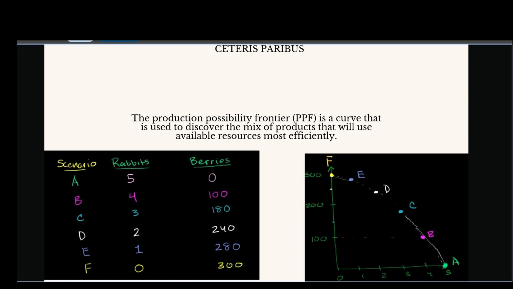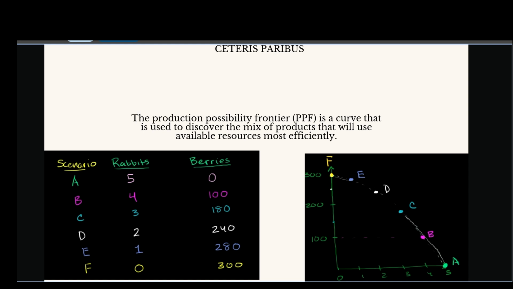The production possibility frontier is just an economic model that we use to calculate the best and optimal trade-off between two variables, two things that we want to produce at the same time, while simplifying the whole context to make other variables negligible.